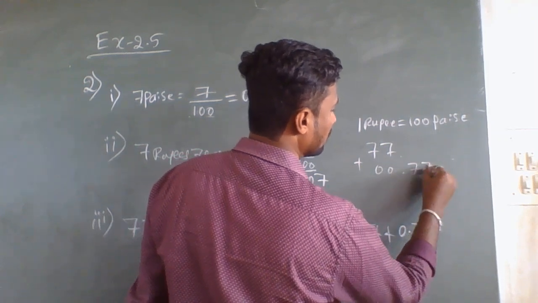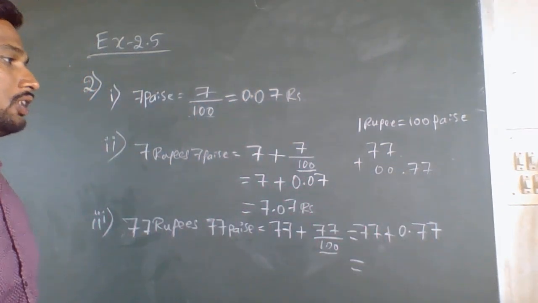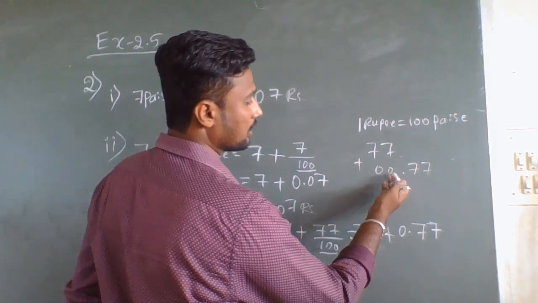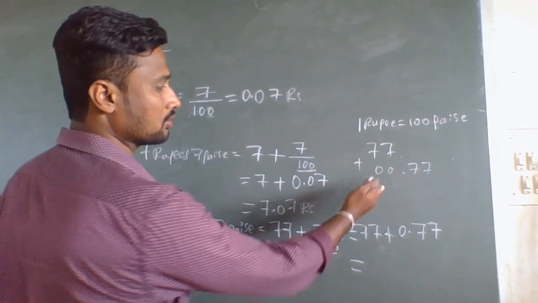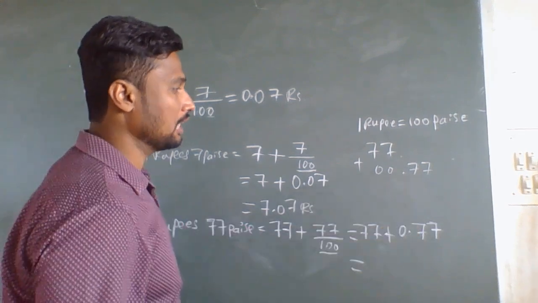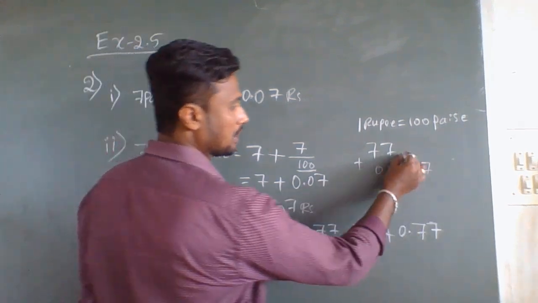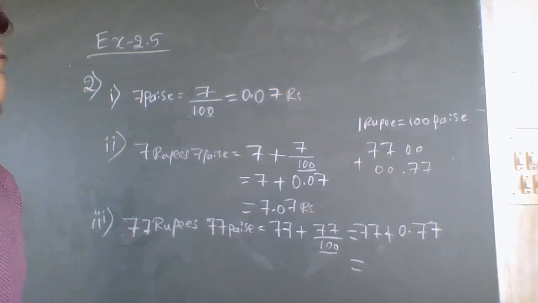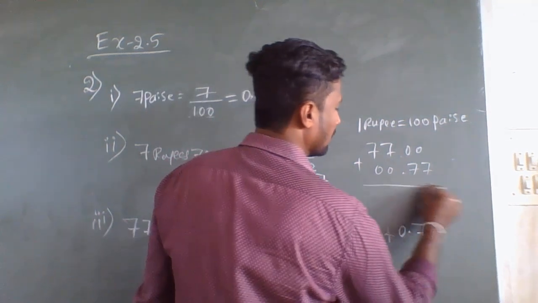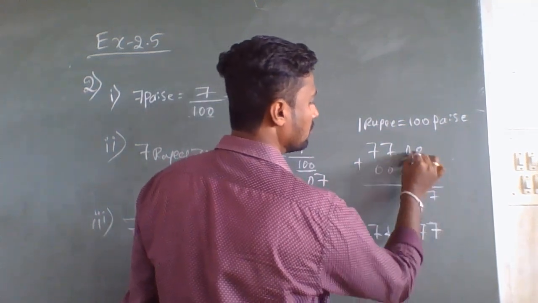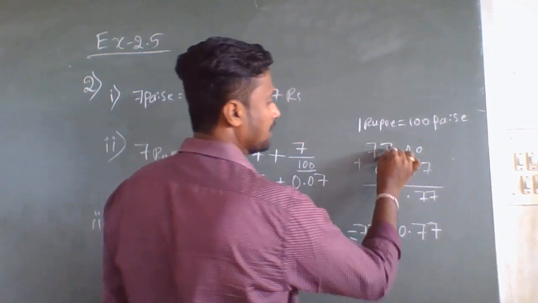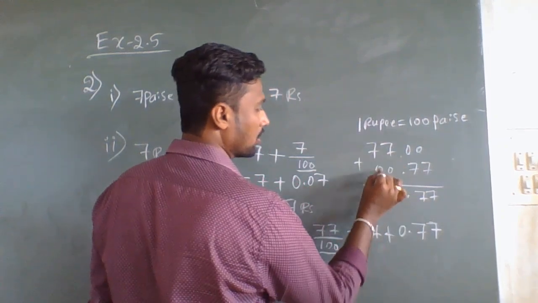Here the left part of the decimal point in 0.77 is 0, and 77 can be considered as 77.00. So 0 plus 7 means 7, 0 plus 7 means 7. Then the decimal point, 7 plus 0 is 7, 7 plus 0 is 7.